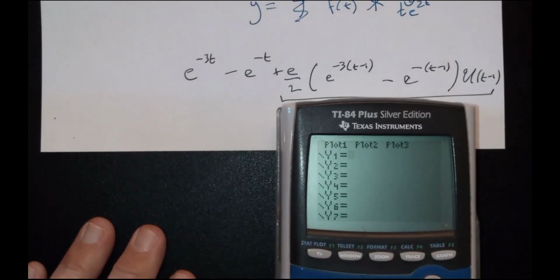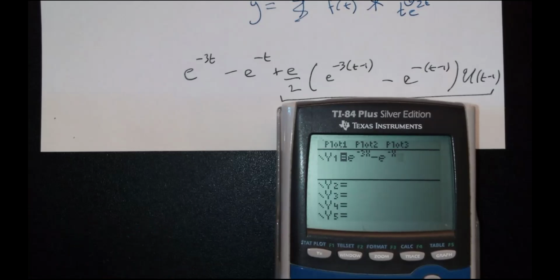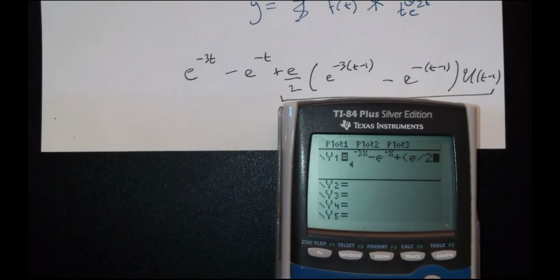So I have e to the minus 3t minus e to the minus t plus, I got to do some extra parentheses, e over 2, large parenthesis.